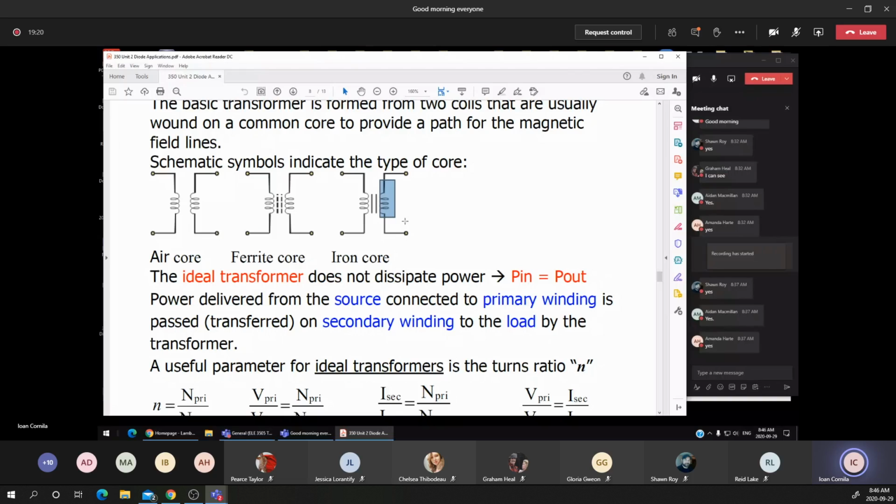Now we may see different cores, and in the example that I showed to you, just by placing the two coils side by side, the energy is transferred, but at the same time the core is the air core.